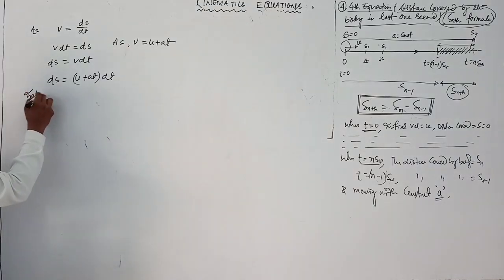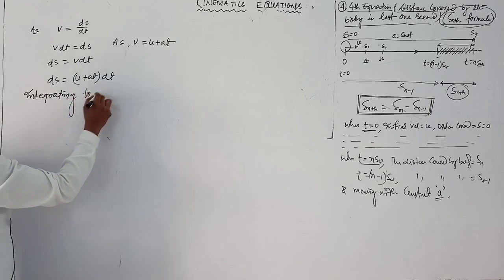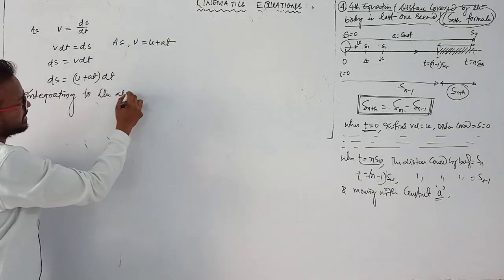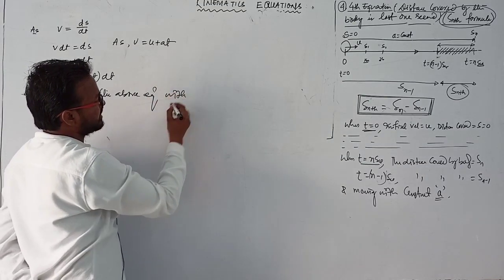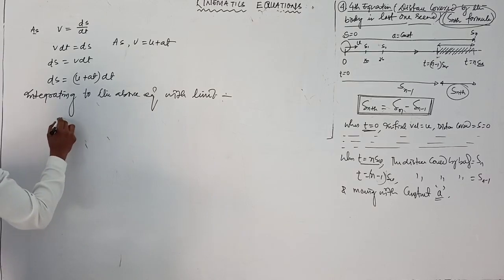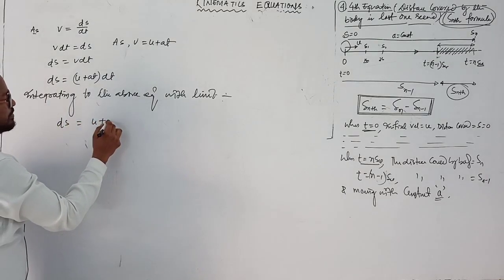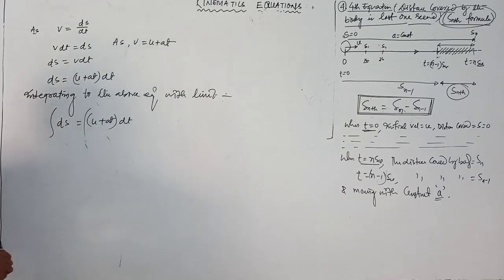But we have to find the Snth formula. So integrating the above equation with limits, we can write ds equal to (u plus at) dt, integration on both sides.